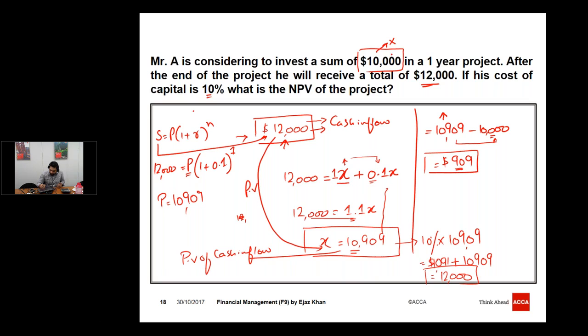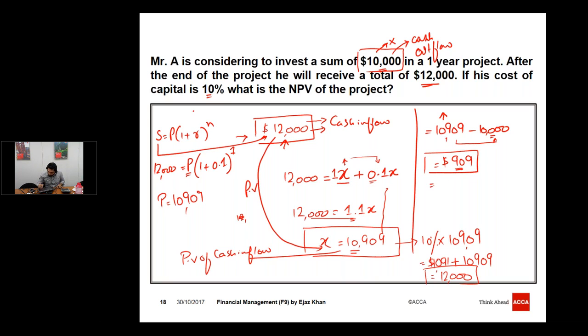Okay. The required investment is $10,000. How will you classify this cash flow? Will you classify it as inflow or outflow for Mr. A? It's the cash outflow, right? And since this cash outflow is required as of today, that is at time 0, we can also call it present value of cash outflow. Can we call this $10,000, which is required at time 0, the present value of the cash outflow? Yes.